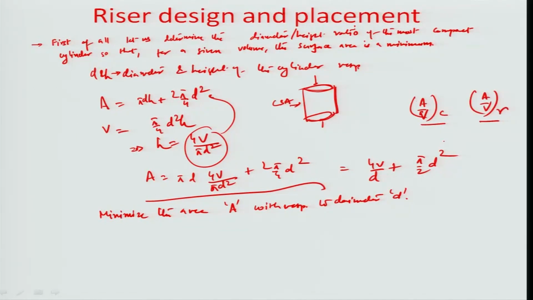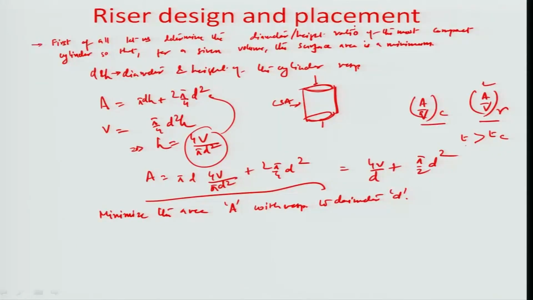So, here, because it is a cylindrical riser, we are just trying to calibrate what is the A by V ratio corresponding to the optimum heat transfer condition. So, finally, the time of solidification of the riser should be greater in value than the time of solidification of the cast. That was the final condition that we wanted to apply in this particular case.